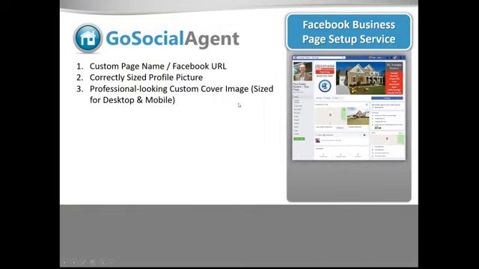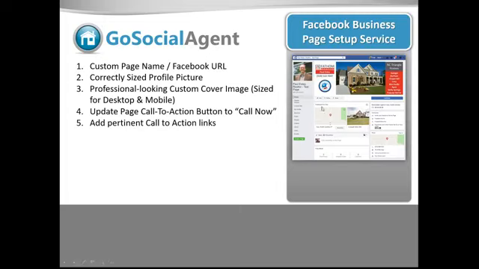But there's more that we offer with this service. We help you make sure that your call to action links are updated. These are, call now, or these tabs over here on the left-hand side that will drive people to your website to search for homes, contact me, things like that.